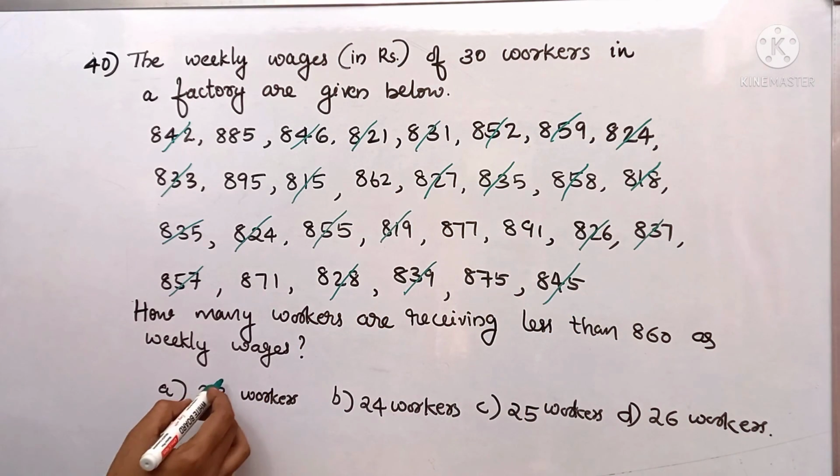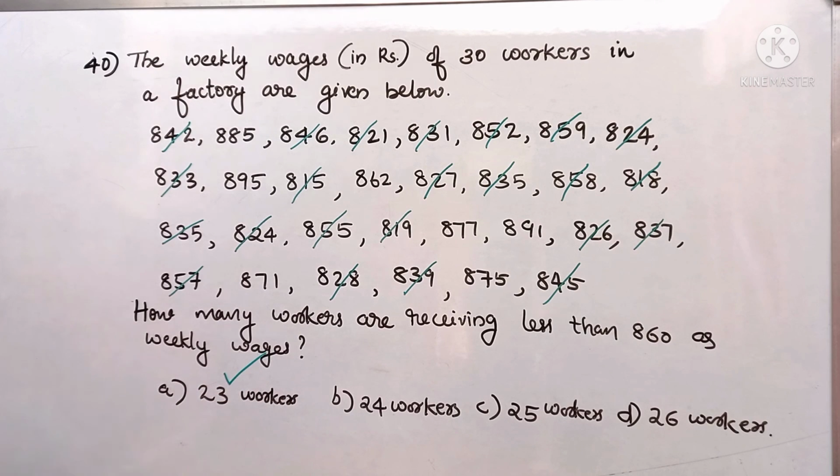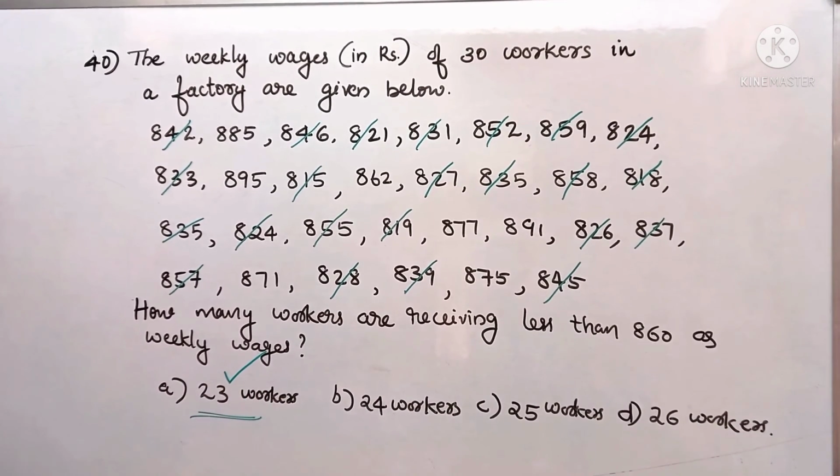So we have got 23 workers receiving less than 860 rupees as weekly wages. So our answer is option A, 23 workers.